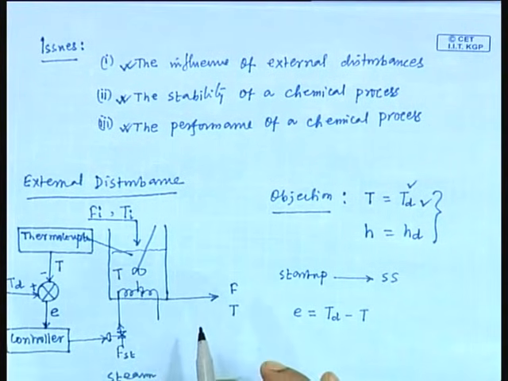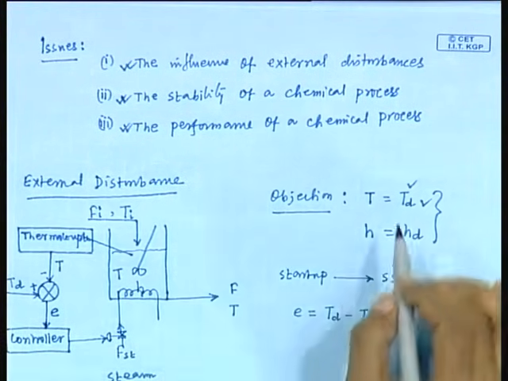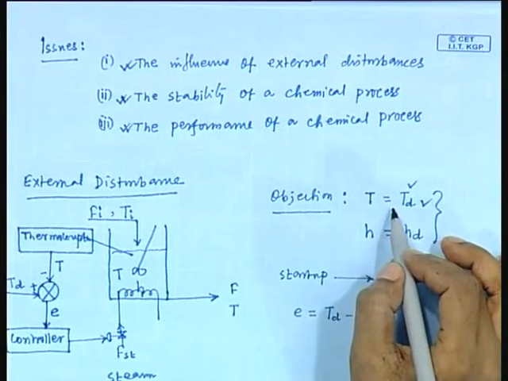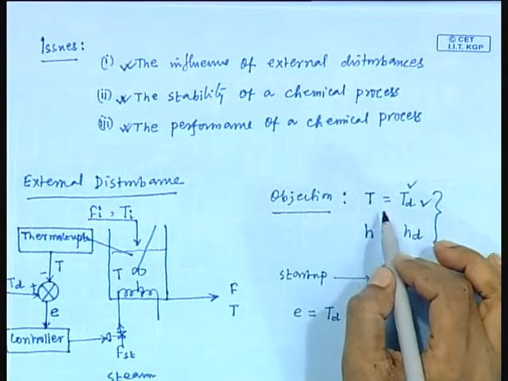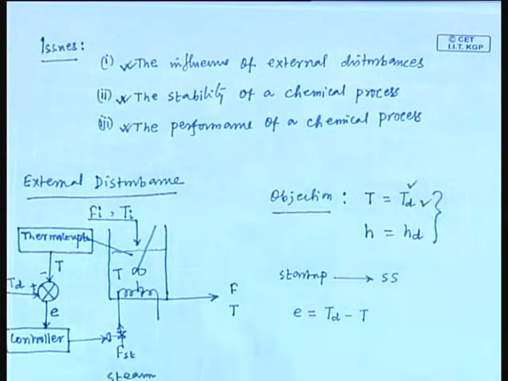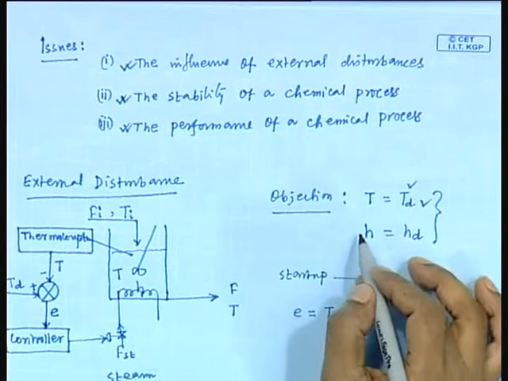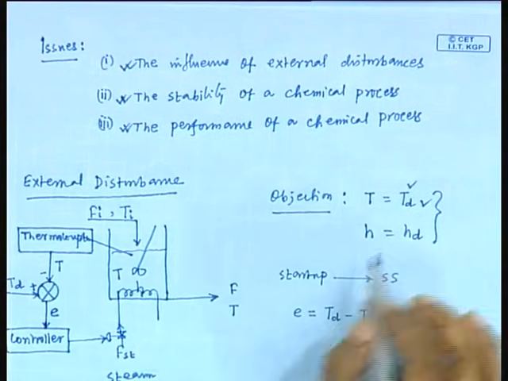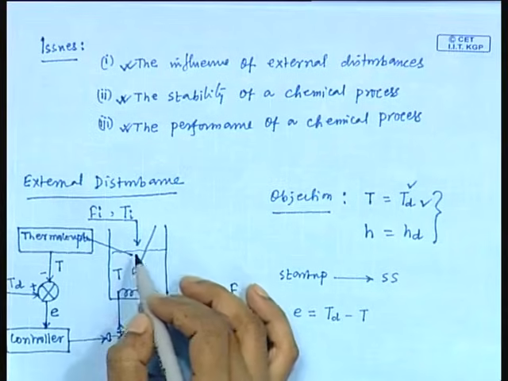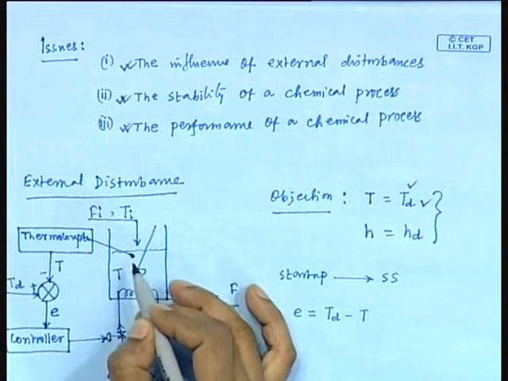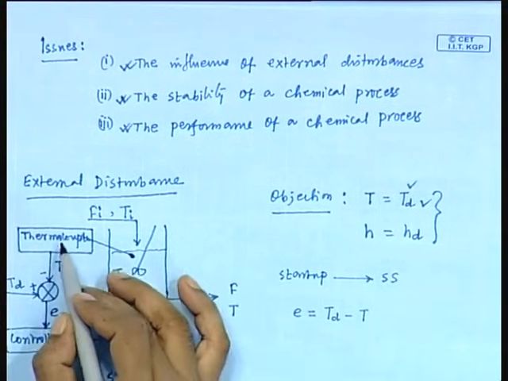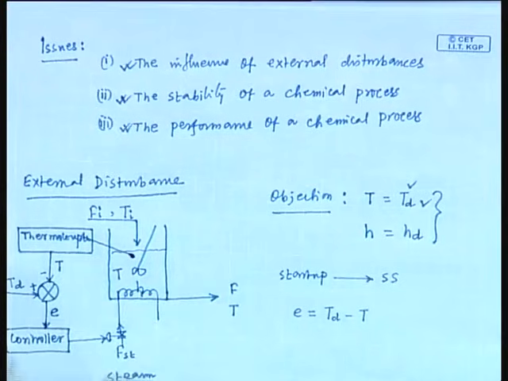We are considering only the first objective, that is we need to maintain the temperature at its desired value. We are not considering the second case. So, initially we need to measure the liquid temperature using one temperature sensor, that is a thermocouple.